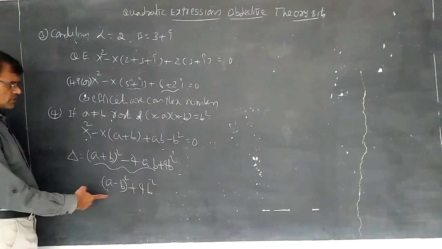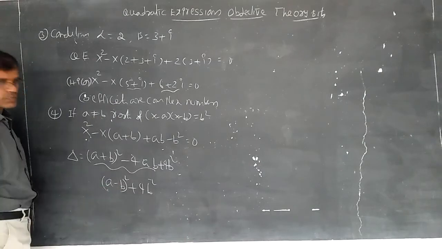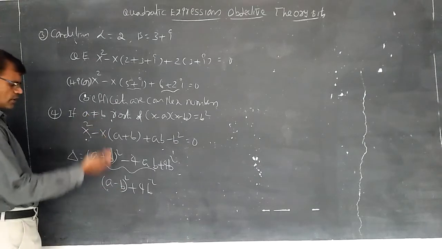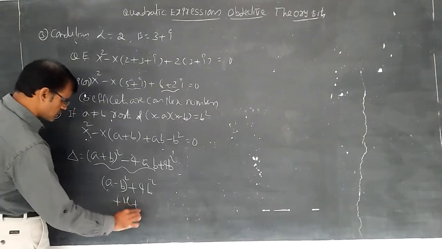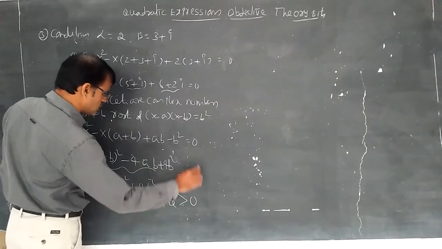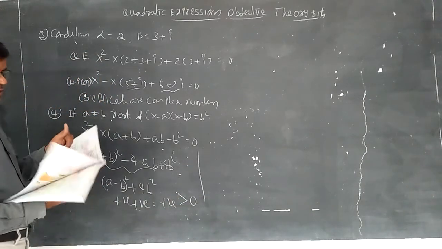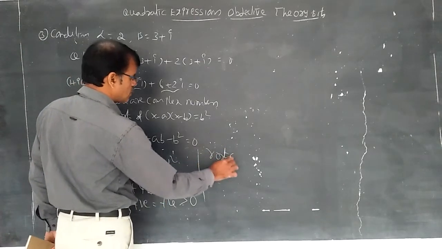We know that A not equal to B is already given. If A is equal to B, it becomes 0, but whenever A not equal to B, it is 100% positive. B square is also 100% positive. So positive plus positive is positive, greater than 0. Therefore, the roots are real and distinct.